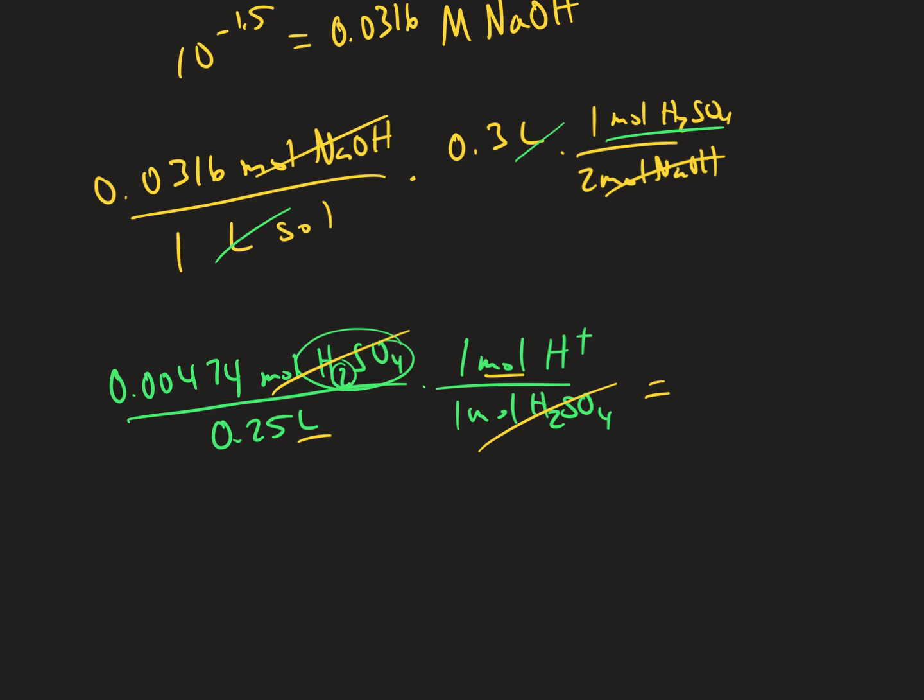Uh-oh. Yes, that's supposed to be a 2. So 0.00474 divided by 0.25 multiply 2, and we get 0.38 molarity of H+.